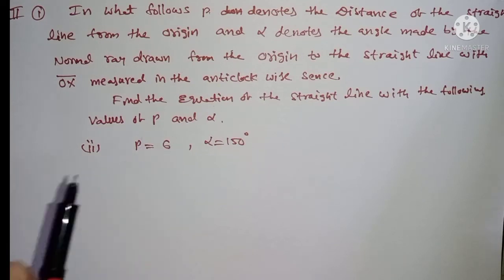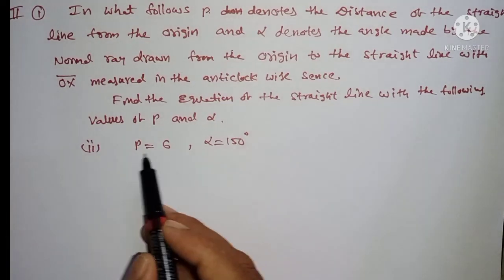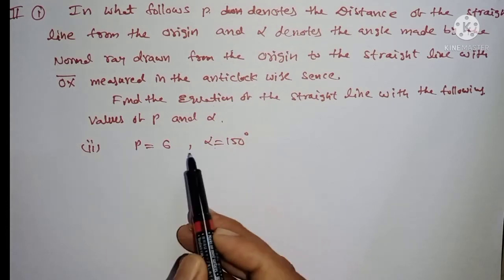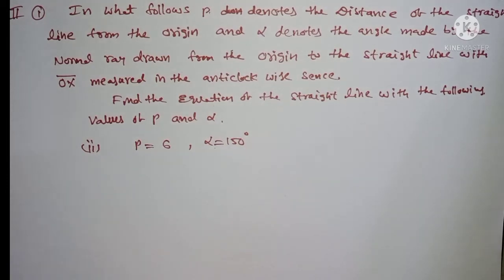Now in this, there are 6 problems: 1, 2, 3, 4, 5, 6. I will explain only one problem, that is P is equal to 6, alpha is equal to 150. It is given P is a distance and alpha is equal to 150. Find the equation. How to find the equation? Observe here, first write the formula. What is the formula? Normal form.